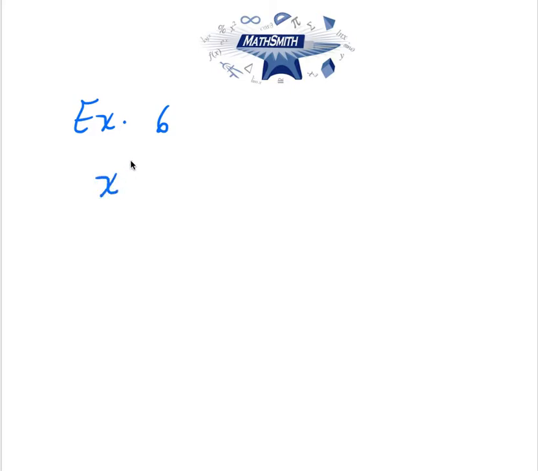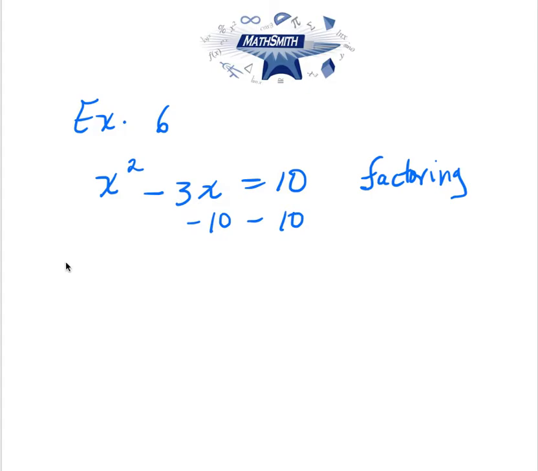They're giving you x squared minus 3x equals 10. When you're dealing with quadratics, you always want to move everything onto one side and have it equal to 0. So you subtract 10 on each side and get x squared minus 3x minus 10 equals 0.